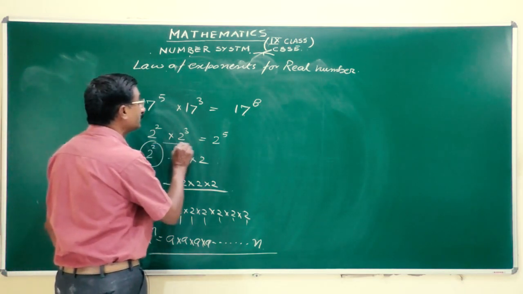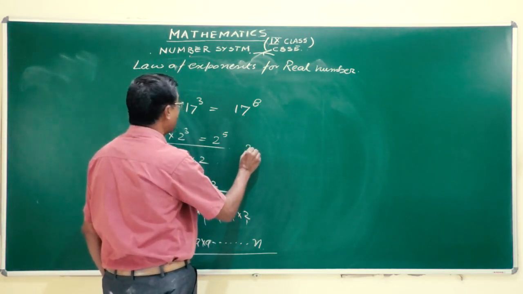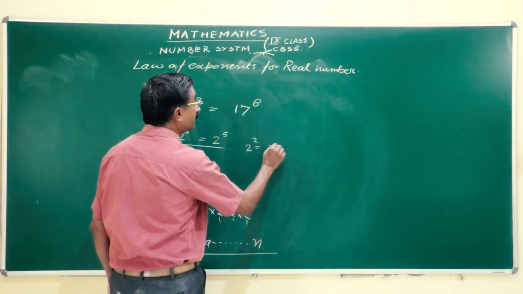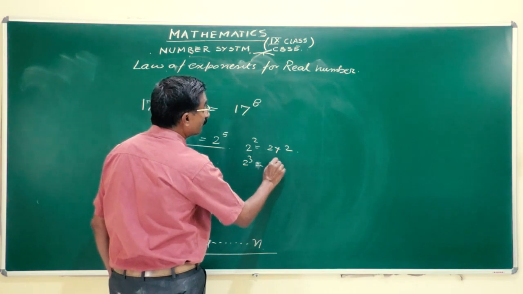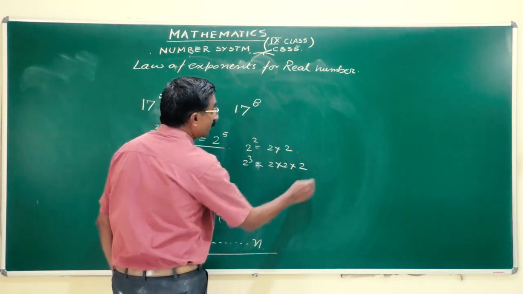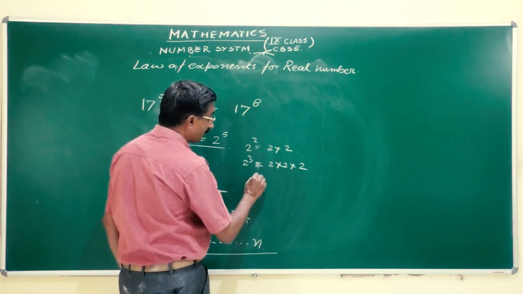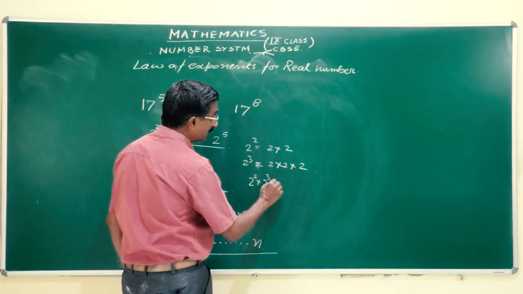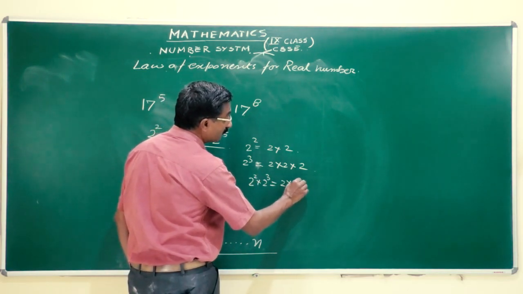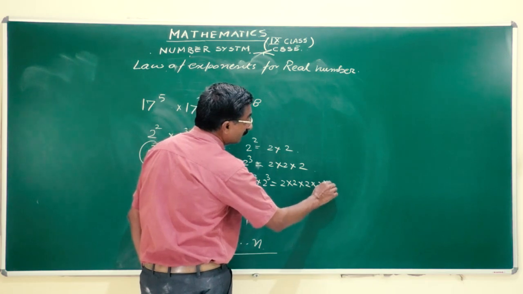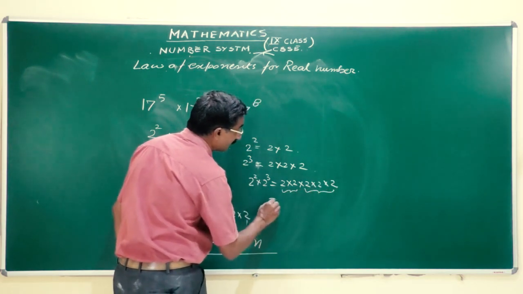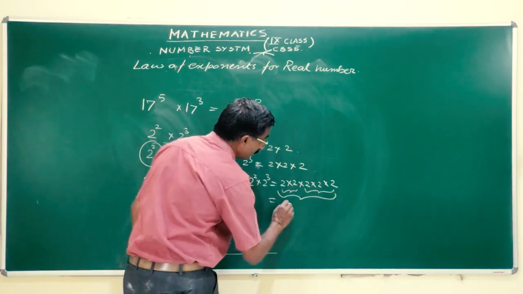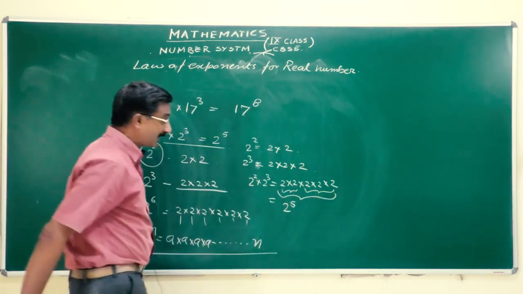So here 2 raised to the power 2 means 2 into 2. 2 raised to the power 3 means 2 into 2 into 2. So 2 raised to the power 2 into 2 raised to the power 3 is equal to 2 into 2 into 2 into 2 into 2. So this is 2 and this is 3, and we can write this complete one as 2 raised to the power 5.